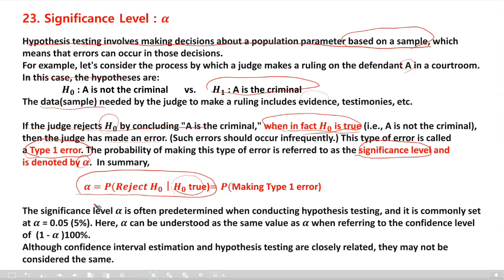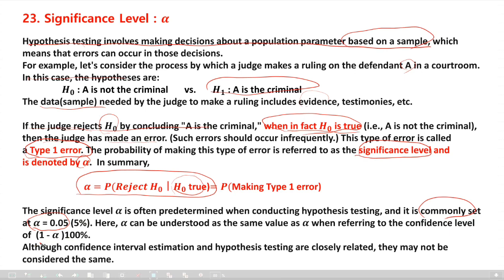Significance level alpha is often predetermined when conducting hypothesis testing, and it is commonly set equal to 0.05, 5%. Here, alpha can be understood as the same alpha as in the confidence level, 1 minus alpha times 100%.